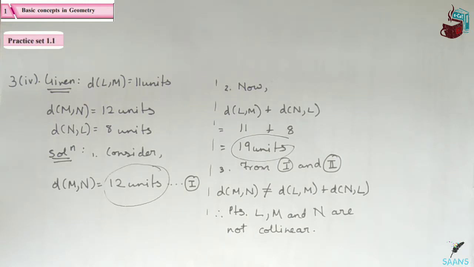Okay, so this we had done, what you can see is question number 3, part 4 of practice set 1.1. This we had done, sums for betweenness.